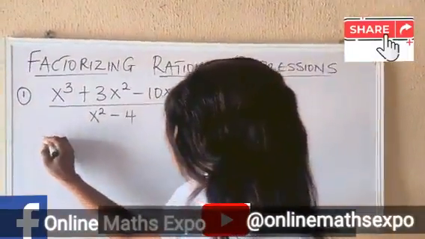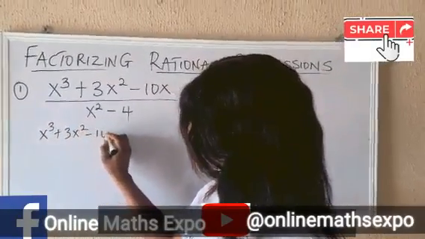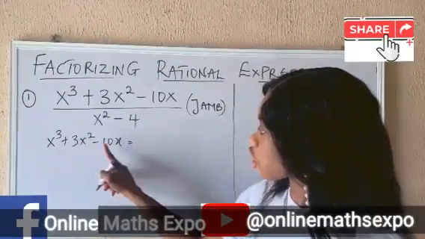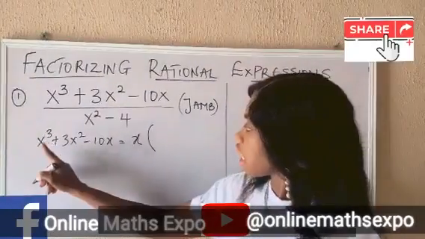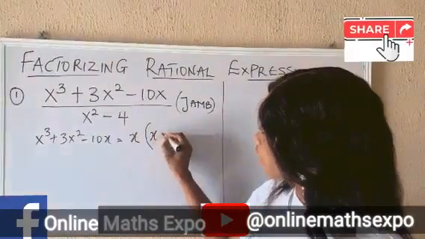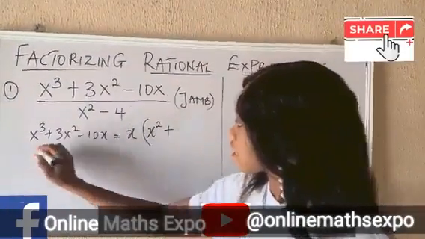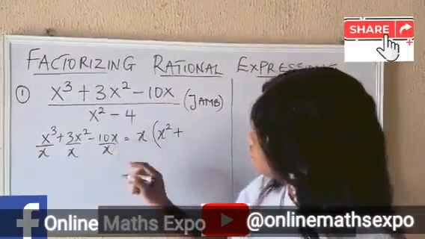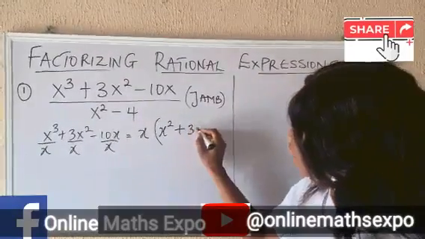So for that x cubed plus 3x squared minus 10x, since x is common, we can factor x out. When x divides x cubed, we are going to have x squared. We are dividing through with x. When x divides 3x squared, it will give us 3x.